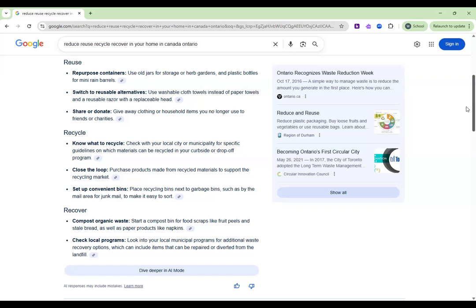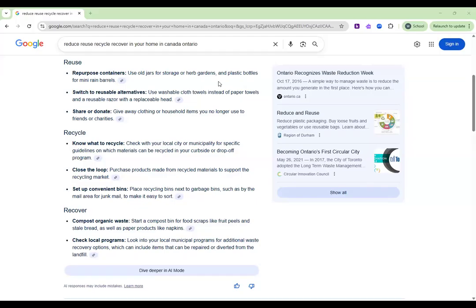You can use them for drink containers. So there's lots of different ways you can reuse jars. So that's another thing you can do, is to reuse old jars for storage.